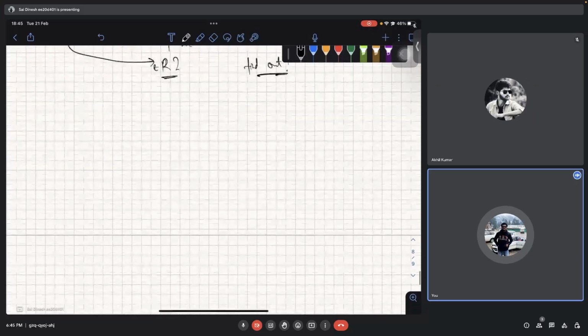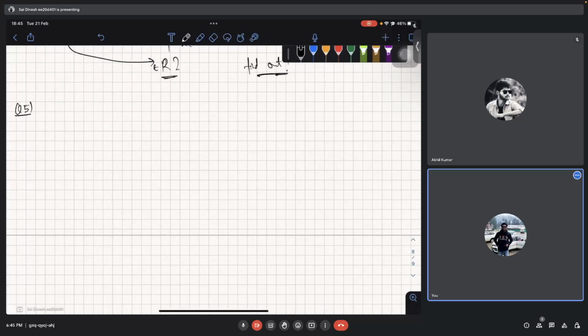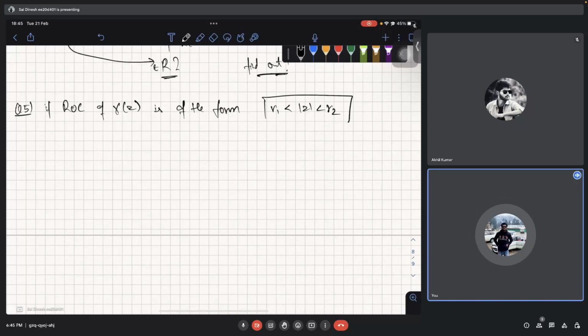So the fifth question: if the ROC of x of z is of the form r1 less than mod z less than r2, where 0 less than r1 less than r2 less than infinity, then x of n can possibly be a two-sided finite duration sequence.